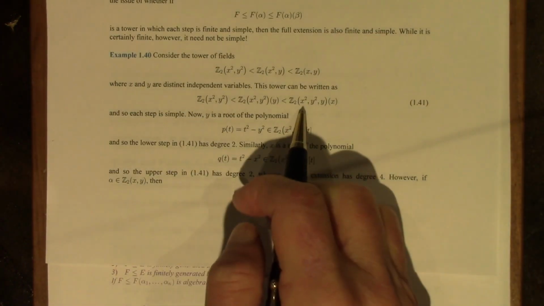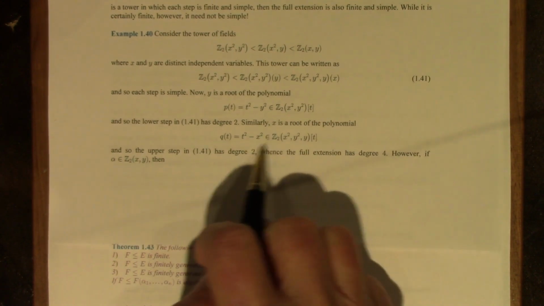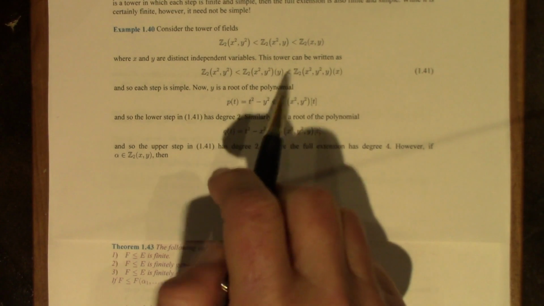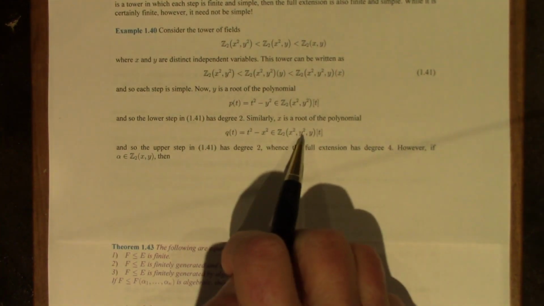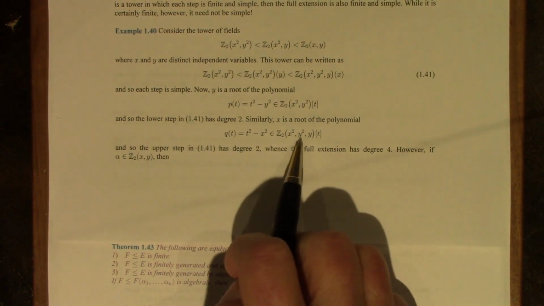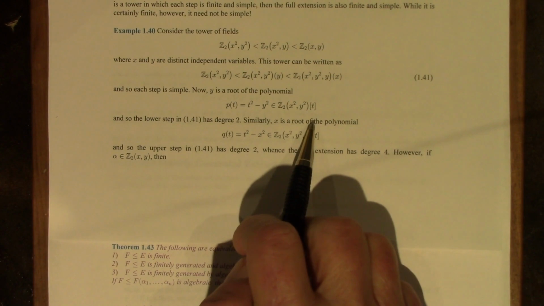Sorry, I have a little problem here with separating pages, a constant frustration. Similarly, x is a root of t squared minus x squared, which is a polynomial in t over the intermediate field. So the upper step has degree 2. And therefore the full extension has degree 4.